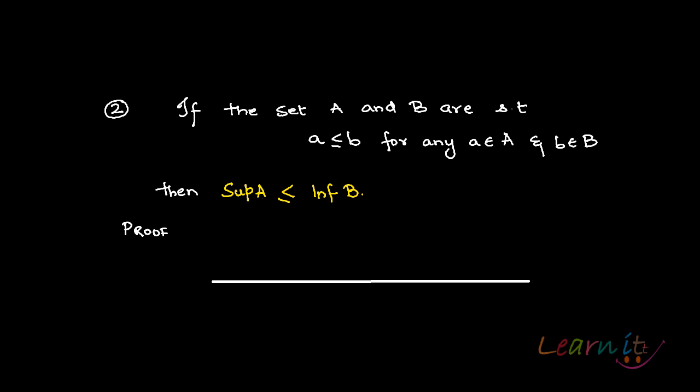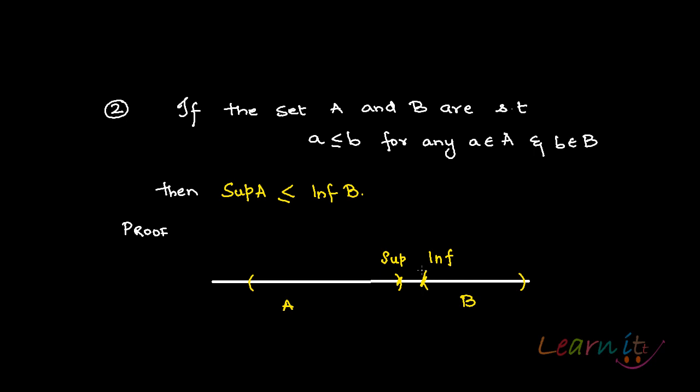What we are talking about is sets such that all elements in A are less than or equal to all elements in B. So it's going to be a set like this, A and B. All the elements in A are clearly less than or equal to all the elements of B. Now, supremum of A would lie somewhere here, and infimum of B will lie somewhere here.